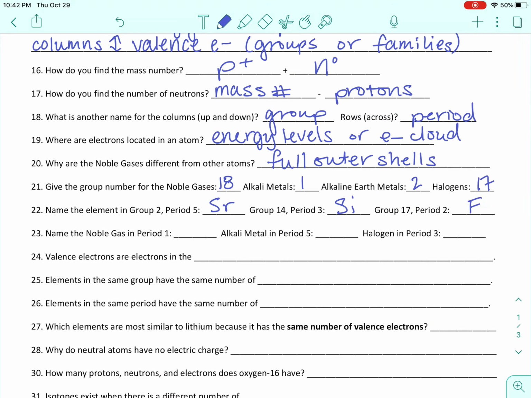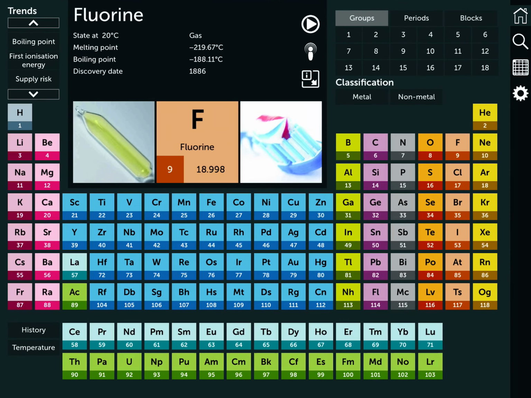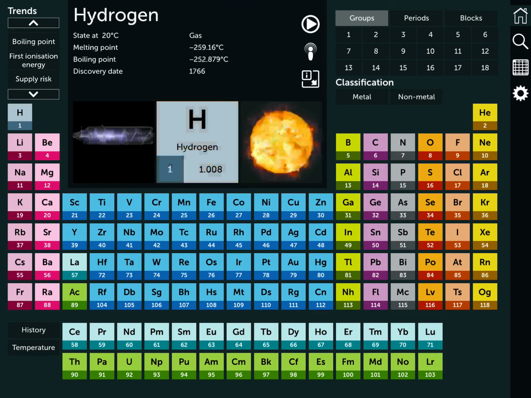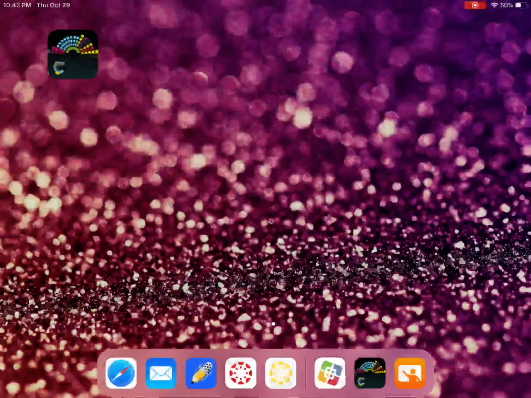Okay, name the noble gas in period 1. That's helium. That's the first element in the noble gas group. Alkali metal in period 5. So alkali metal, that's group 1, and you just count down 5. So 1, 2, 3, 4, 5. That's going to be rubidium, Rb.